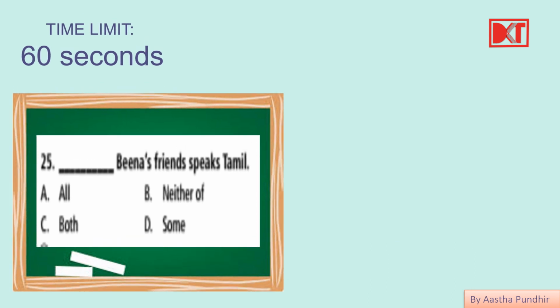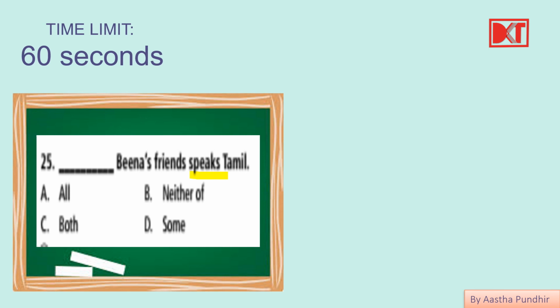Alright, here dash Beena's friends speaks Tamil. All Beena's friends speaks Tamil. Neither of Beena's friends speaks Tamil. Both Beena's friends speaks Tamil, or some Beena's friends speaks Tamil. Now this is, I think, a sort of trick question which can be solved with a little trick. Here you see Beena's friend speaks Tamil.